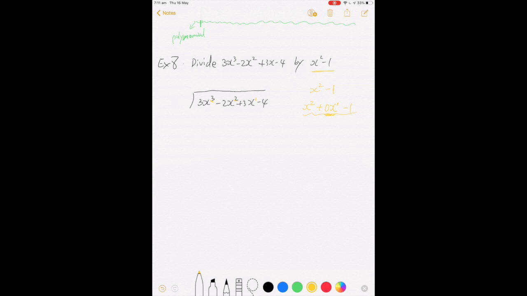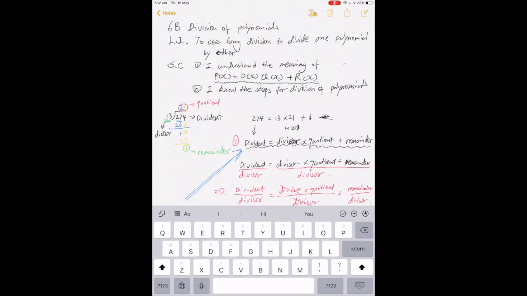Then I put it over here for my divisor in the long division, x squared plus 0x minus 1. Now it is a straight-term divisor, and for our dividend we're going to start from the first term.